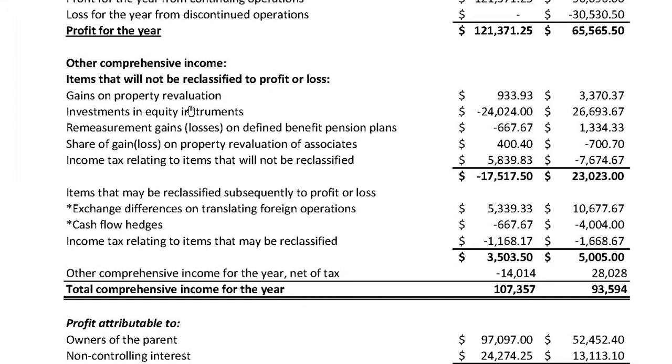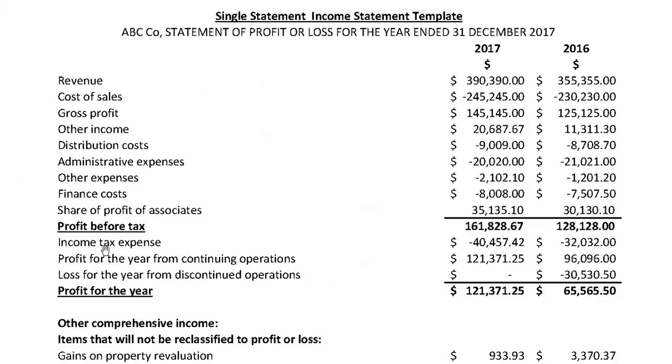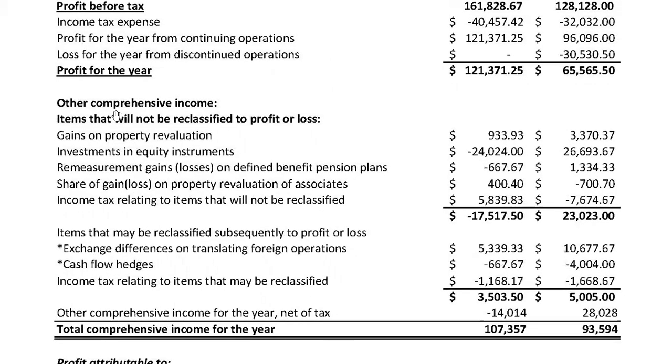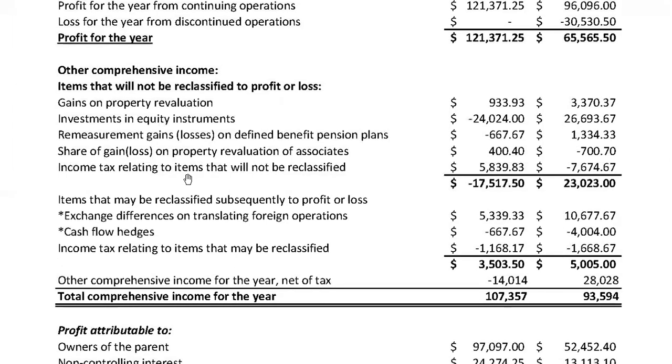These items cannot be classified under any of the above, so they are put under other comprehensive income: gain on property revaluation, investment in equity, remeasurement, revaluation gain or loss, share of gain or loss on property revaluation of associate, such things.